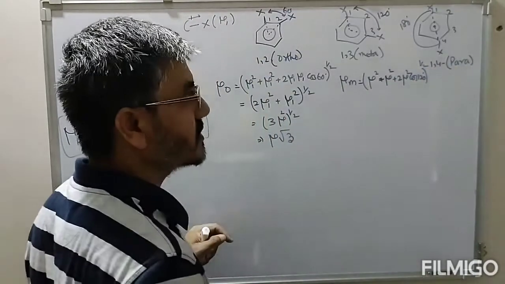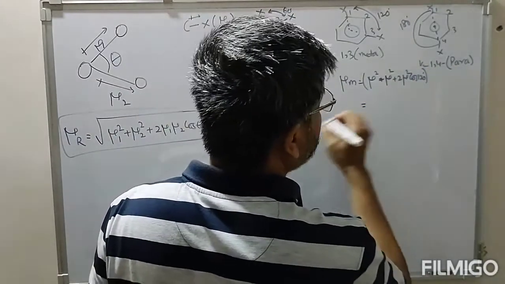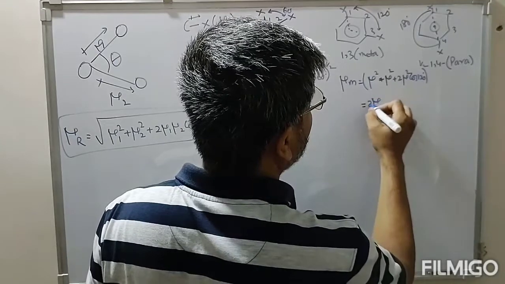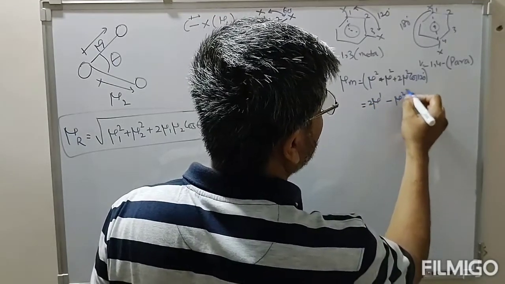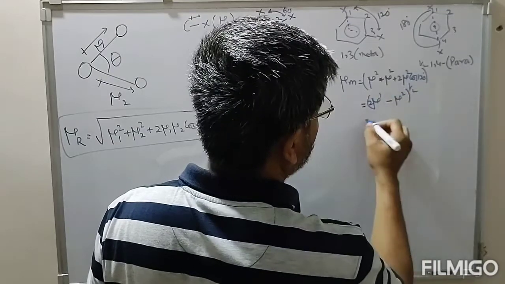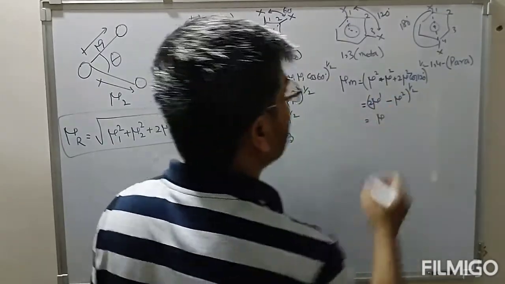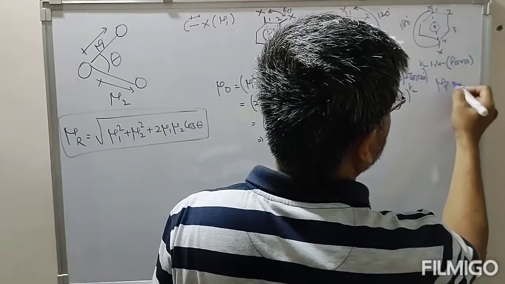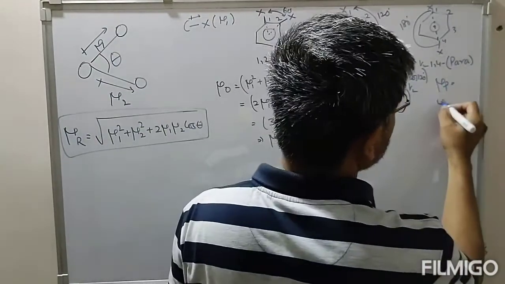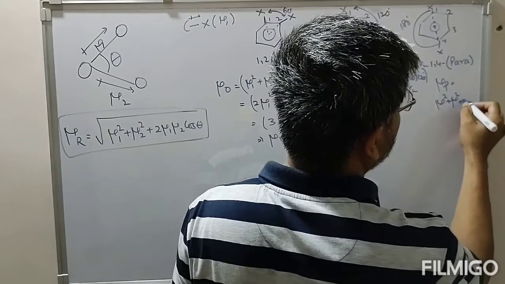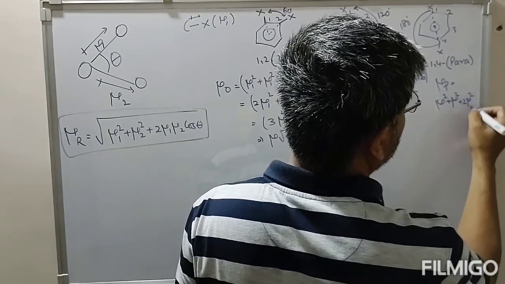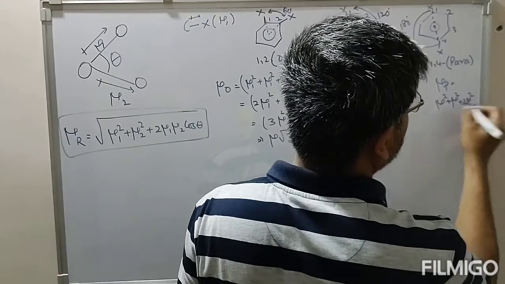Cos 120 is minus half. So twice mu square minus mu square, so this is mu. For para, the resultant is mu square plus mu square plus 2 mu square cos 180.